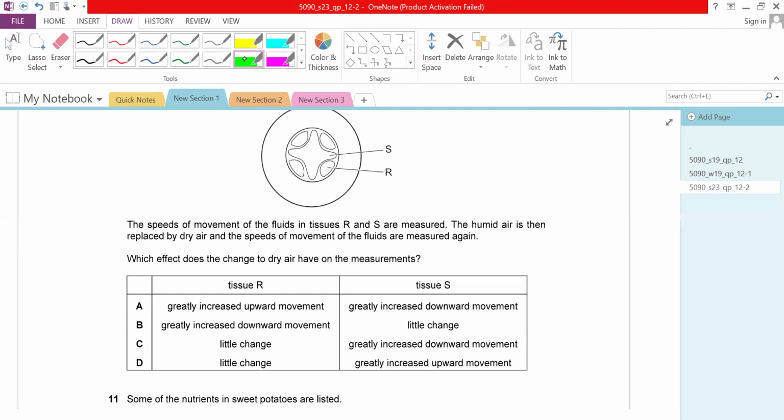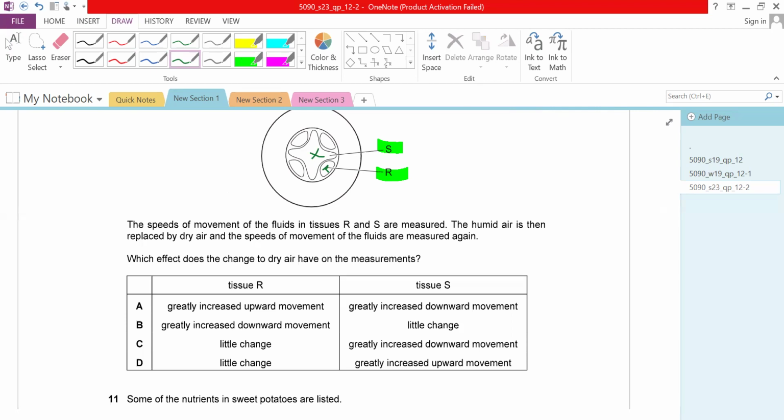Firstly, you have to identify what is S and what is R. So the tissue R is phloem and the tissue S is xylem. Okay, let's read out the options.